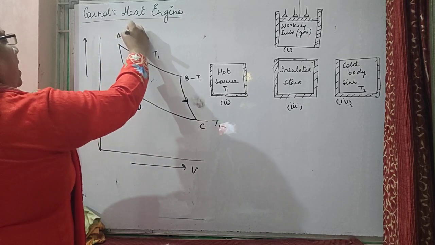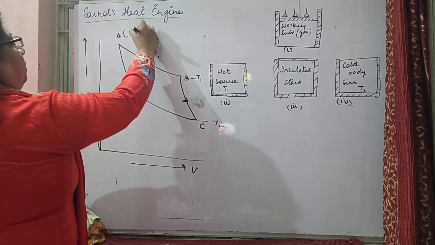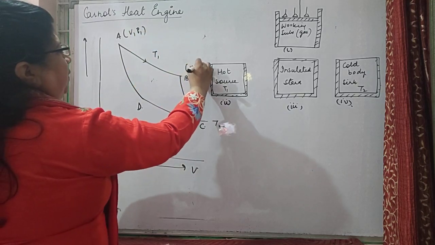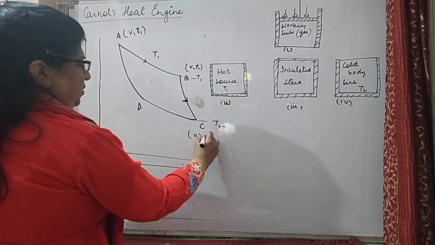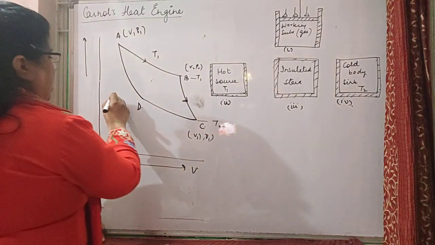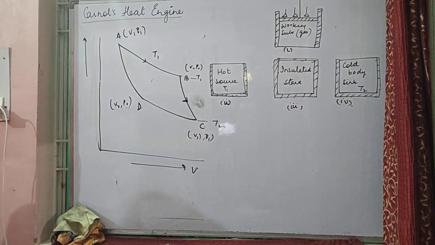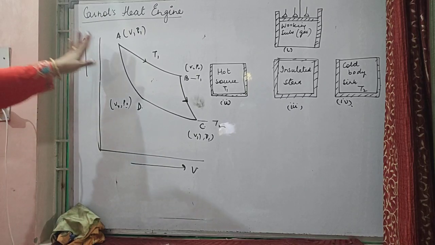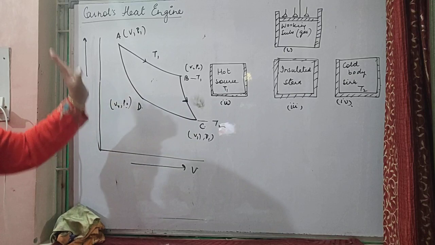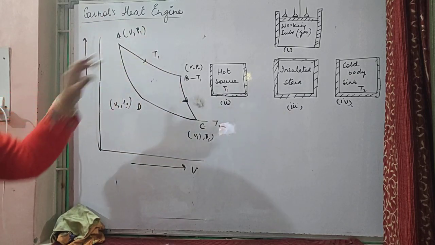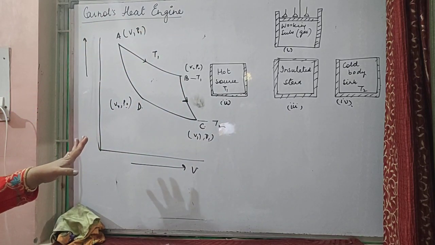So here A is having V1, P1, and the other points have V2, P2, V3, P3 and V4, P4. This entire cycle is known as your Carnot cycle, and this is how you make and explain it. Right?